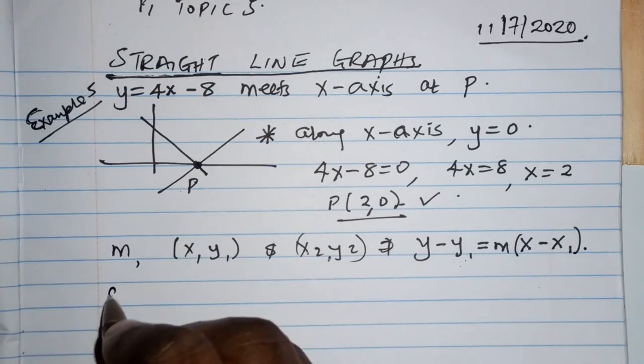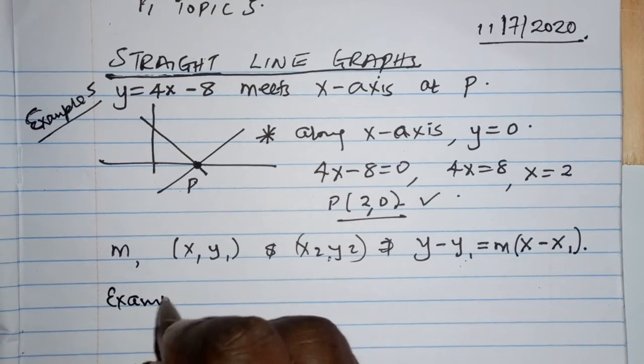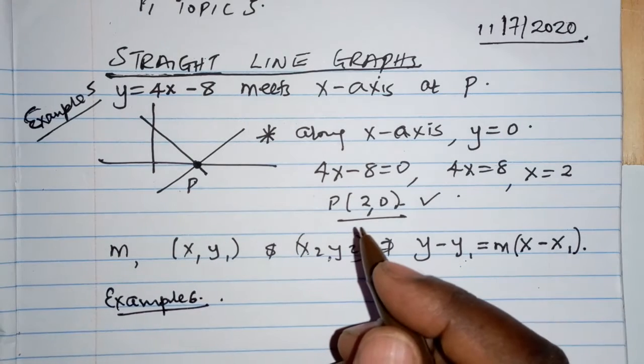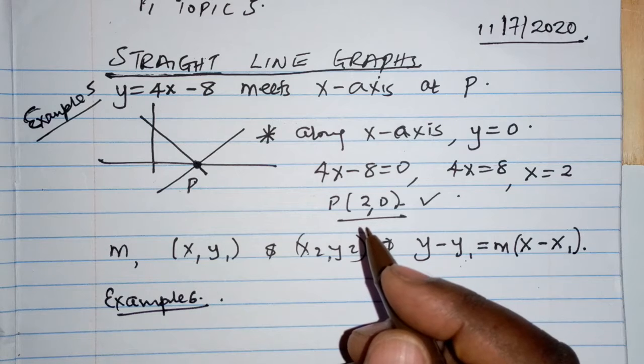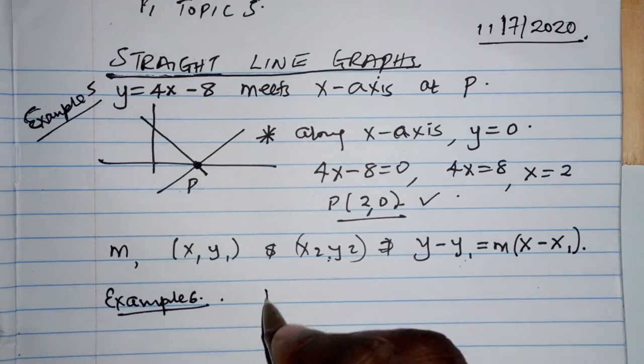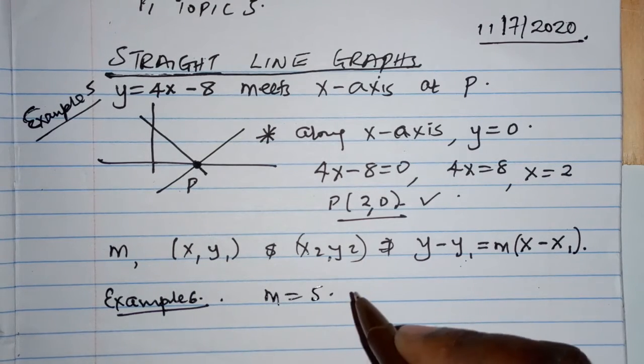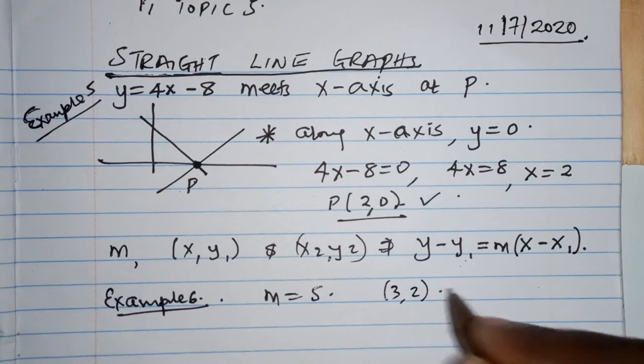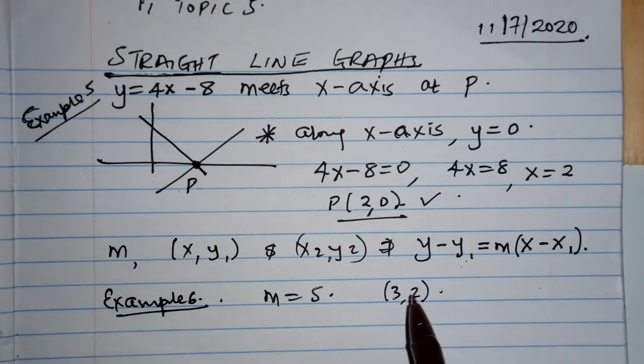Let's explain example 6. We are supposed to find the equation of the line with gradient 5 that passes through the point (3, 2). The gradient is 5 and it passes through the point (3, 2).